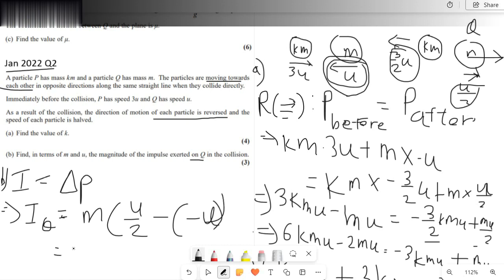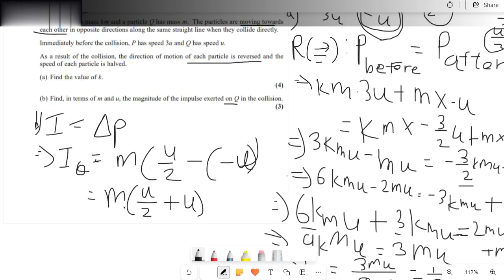So the final answer is m multiplied by u by 2 plus u, and the final answer is 3 by 2 mu Newton seconds.